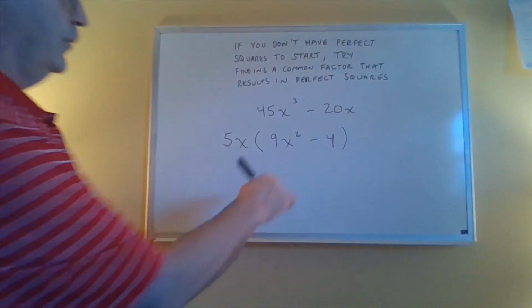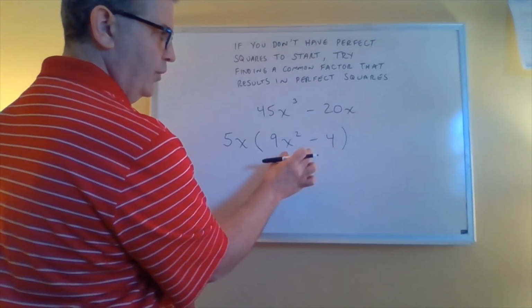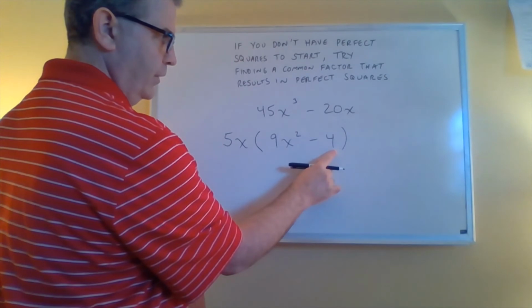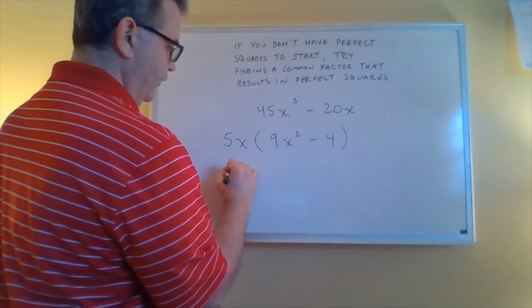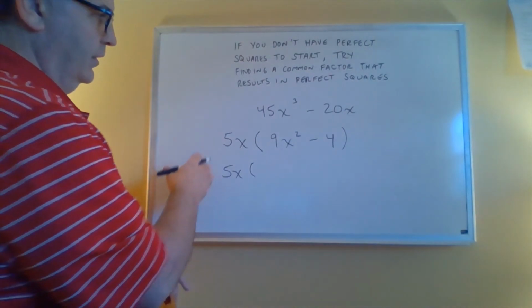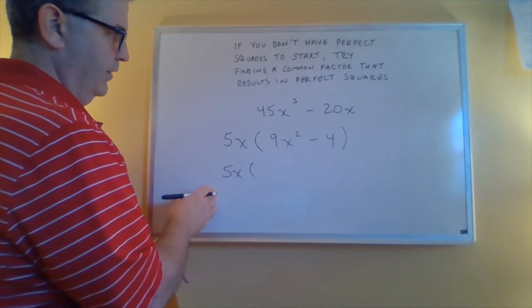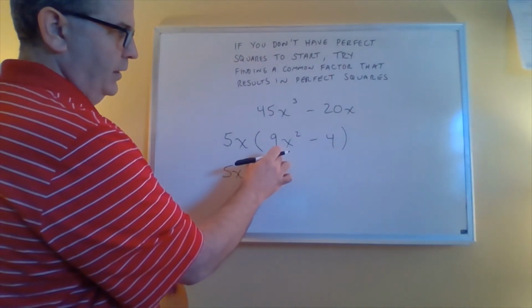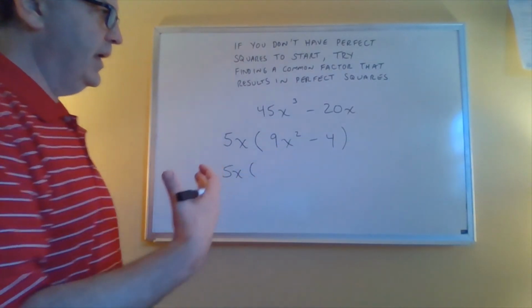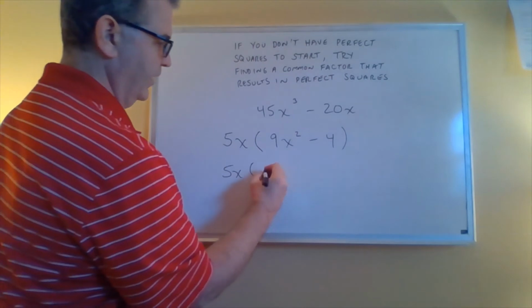So I need to factor this. I have perfect squares here now. 9 is a perfect square, x squared is a perfect square, and 4 is a perfect square. So I have to carry my 5x down. I just can't factor that out and leave it. I have to keep carrying this down. So what goes into 9x squared to make a perfect square? Well, 3x. 3x times 3x is going to give us 9x squared.